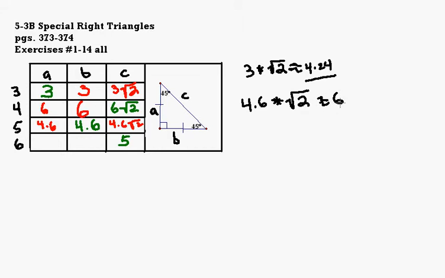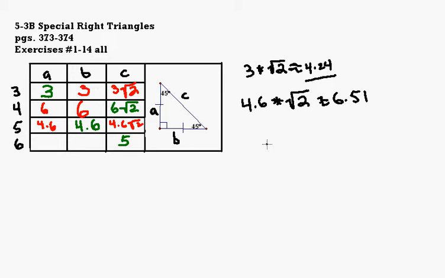That would be the decimal approximation for number 5. And then for number 6, I'm given that C is 5. So to find out what A and B are, here's what I do.